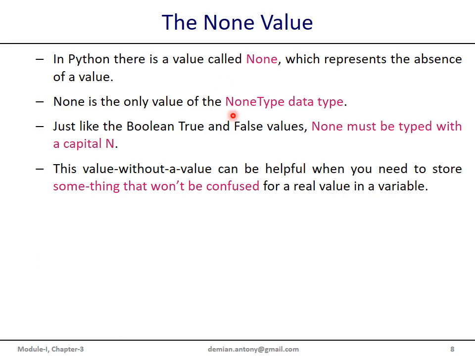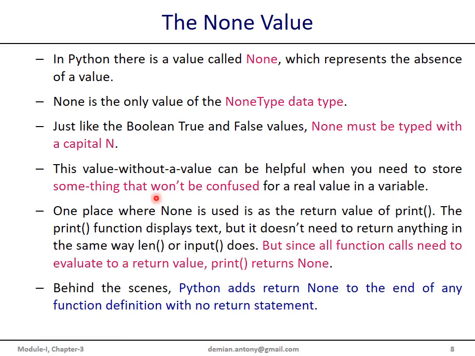None is the only value of a special data type called NoneType, and like the Boolean values True and False, None must be typed with a capital N. This None value is useful to improve the readability of a function as well as the program, wherein the programmer can assign the value None to a return variable to discriminate the actual value that is found in the variable as a return value, or the special value None.